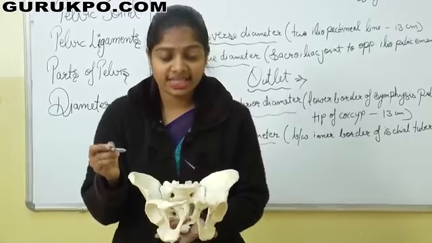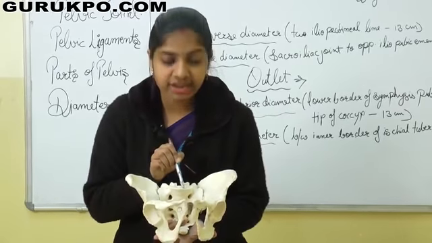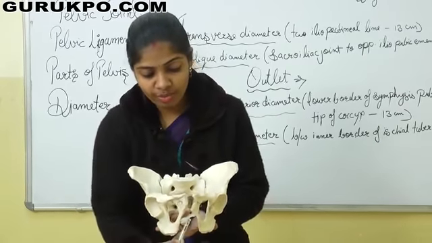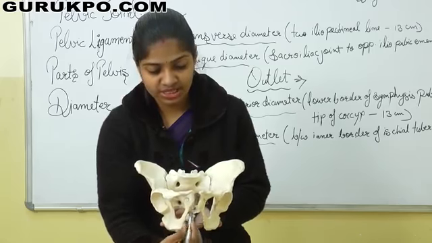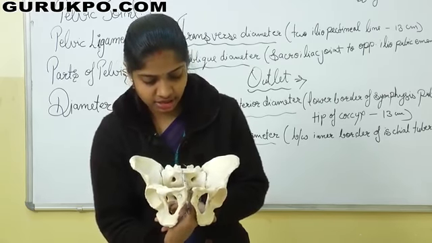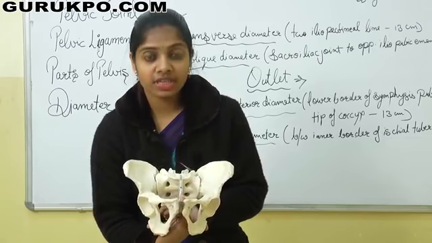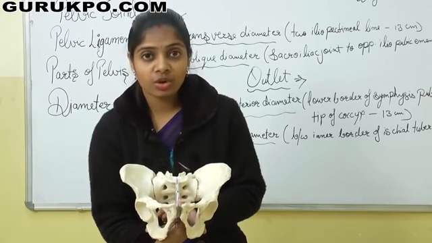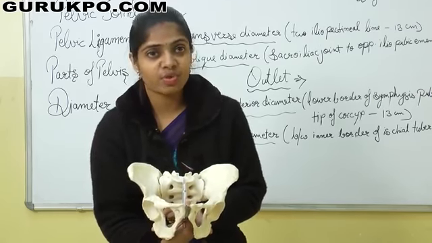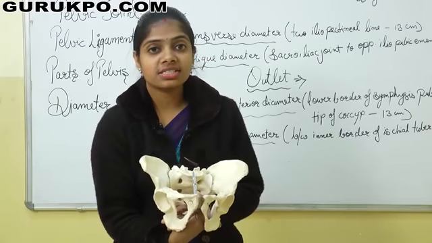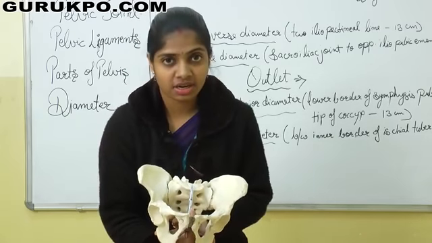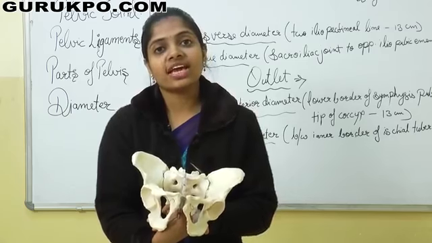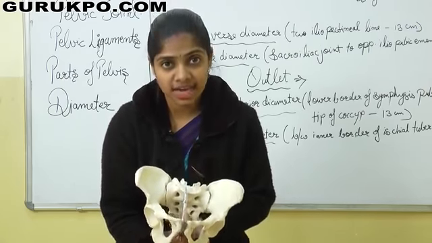The diagonal diameter extends from the midpoint of the sacral promontory to the lower portion of the symphysis pubis, which is normally 12 centimeter. In clinical practice, we can only measure this diagonal diameter.